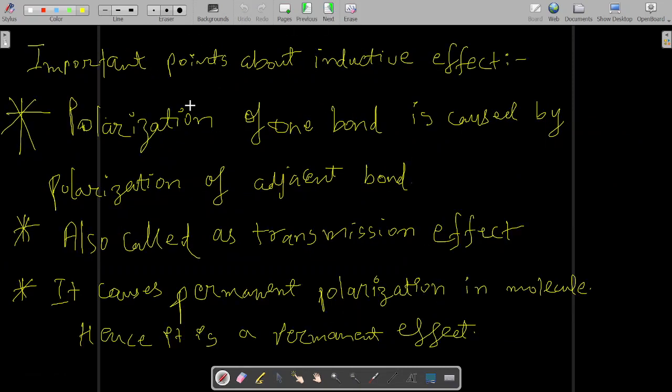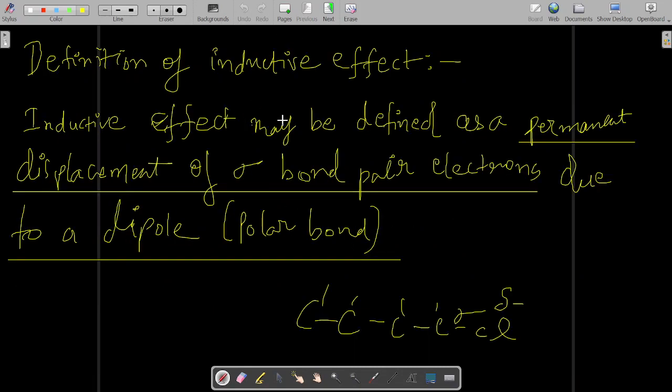Important points about inductive effect are like this: polarization of one bond is caused by polarization of the adjacent bond. You can see over here that due to polarization of this particular bond, the electron cloud spends more time around chlorine as compared to carbon, around which it spends less time.